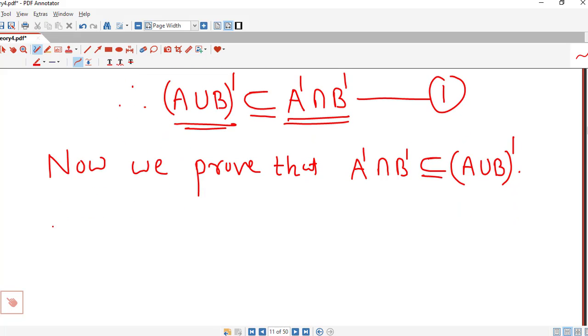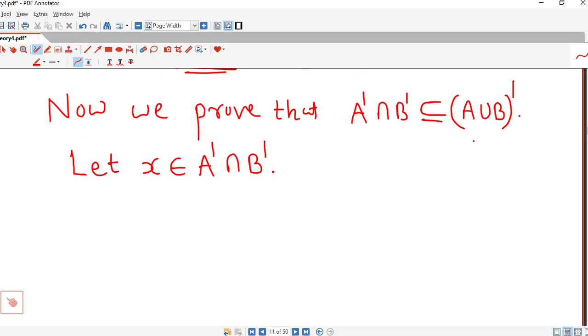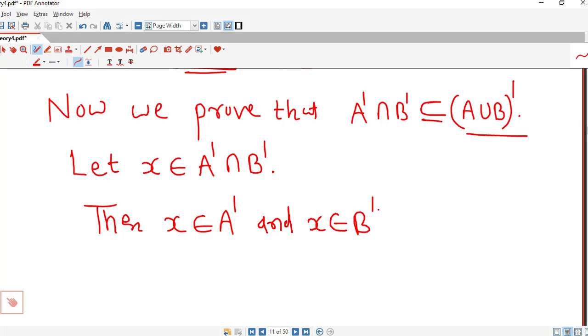So similarly we again start by taking any element in the intersection of A dash and B dash, and we will show that it is in the complement of A union B. Now X is in the intersection of A dash and B dash, that means X is present in A dash as well as in B dash.